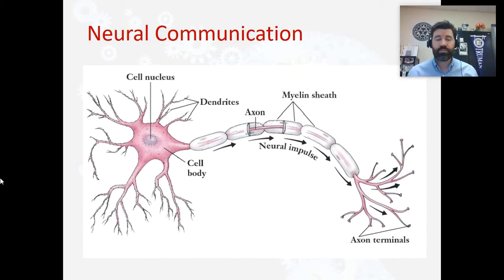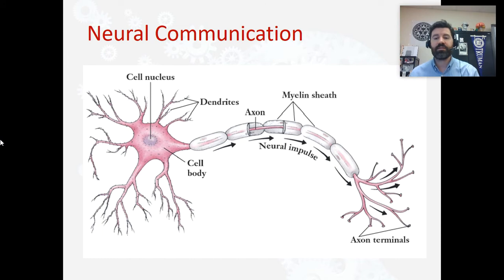This might not be as beautiful as the drawing that I drew for you, but you can see these different parts of the neuron and hopefully your notes look something like this. So, quick little review. We have the message that travels away from the soma or the cell body down our axon. The axon is encased in this fatty substance called the myelin sheath.